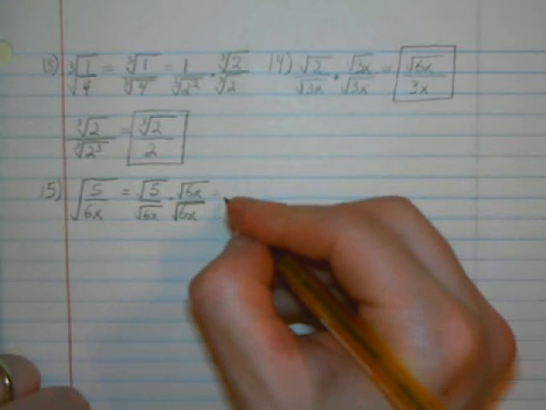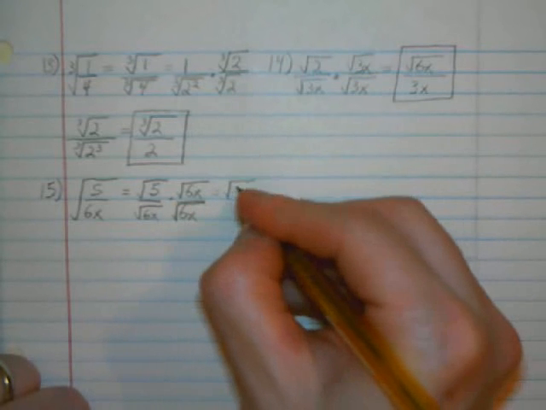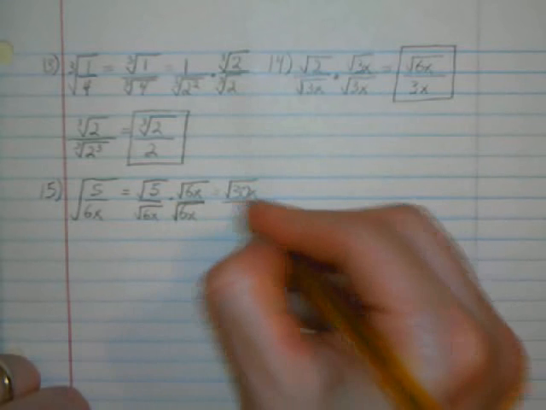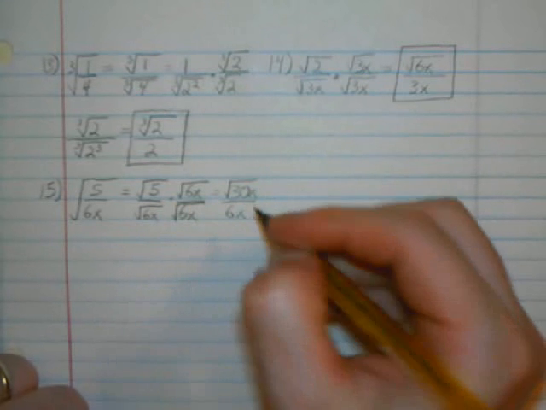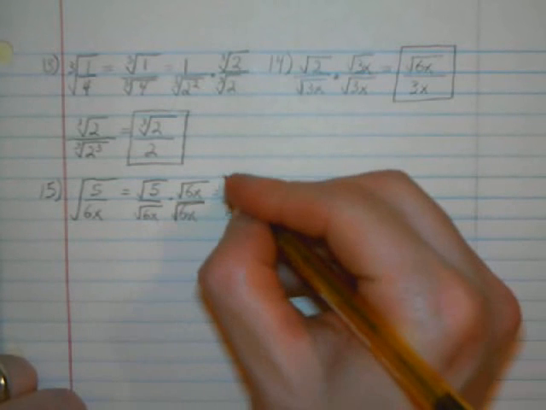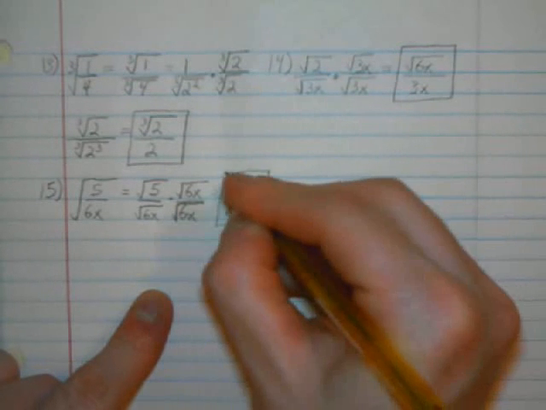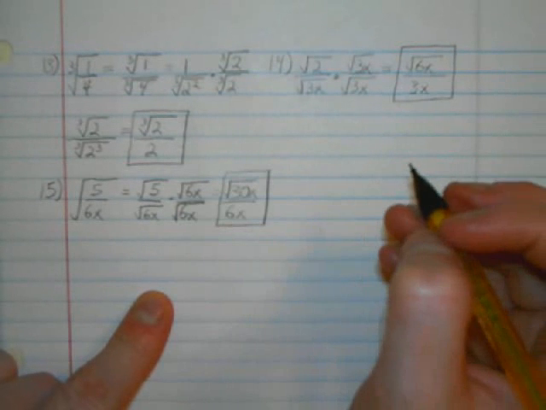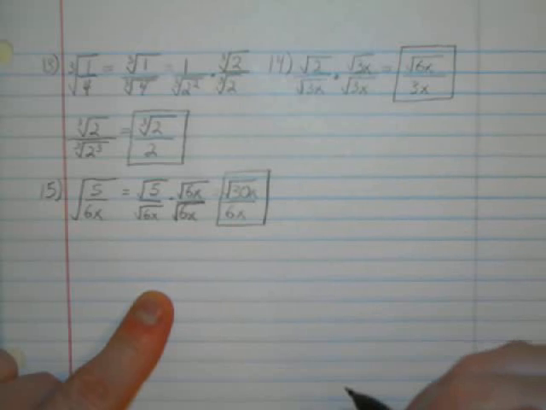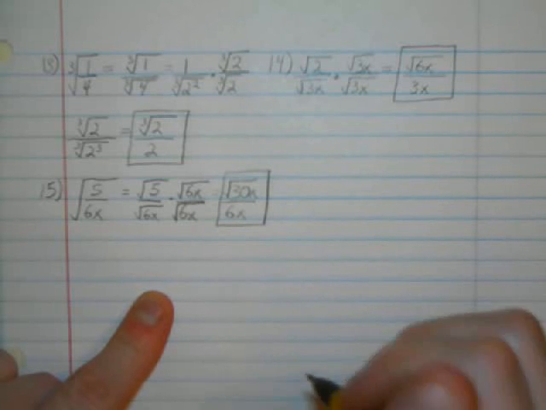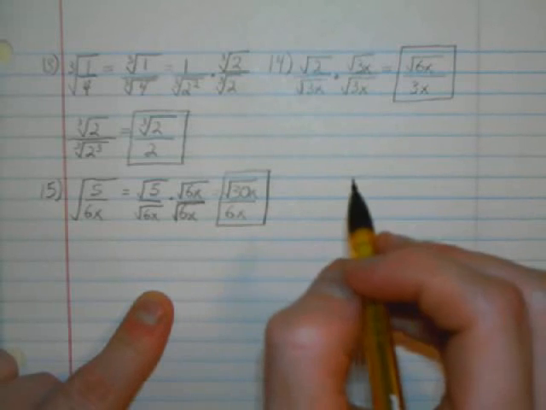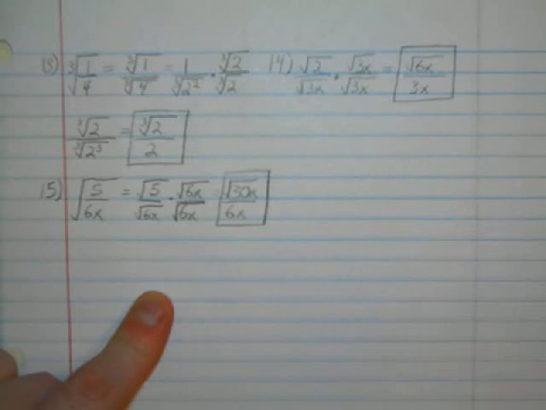And when you do that, you end up with the square root of 30x over 6x. Now, I can't do any reducing here because that x is in the square root up there. 30, no way I can reduce that. It's 3 times 2 times 5. So that's my final answer for 15.